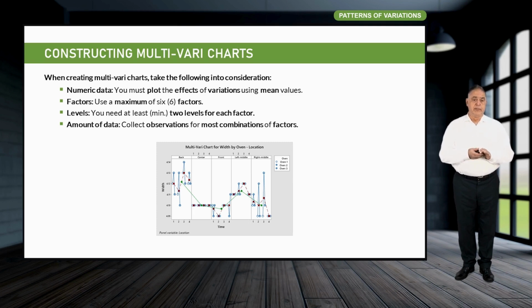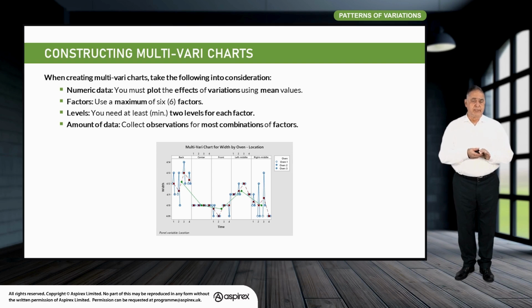The factors. Speaking about factors, we're referring to the input factors or predictor factors, and we have to use a maximum of 6 inputs. In terms of levels, we have to use a minimum of each factor being set at 2 levels.